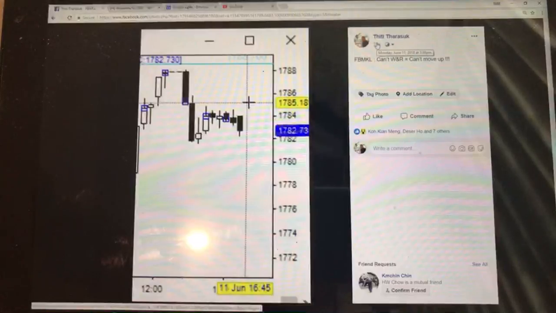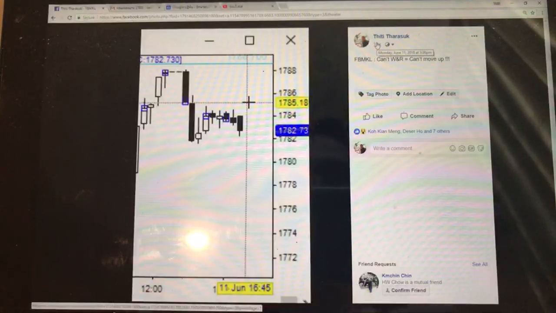436. On 436, for FBMKL, we already posted, we snapped this chart. This chart identifies the price of FBMKL in the 15-minute chart. Cannot wash and rinse. If it cannot wash and rinse, it means they cannot move up. But where is the target? Because if they cannot move up, where is the target?